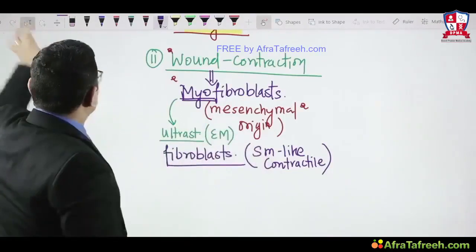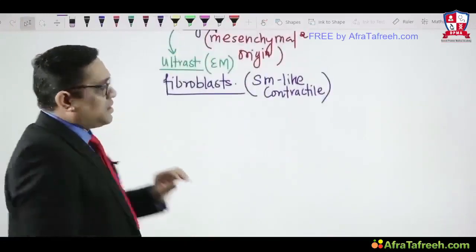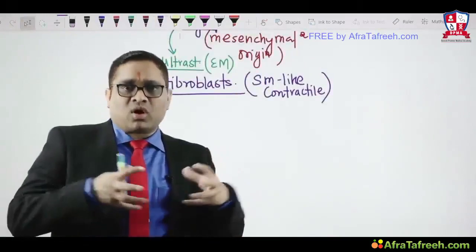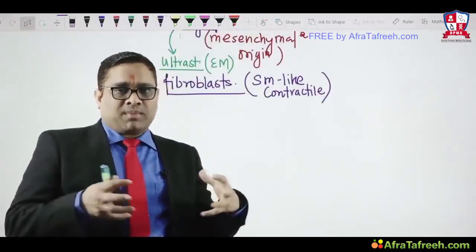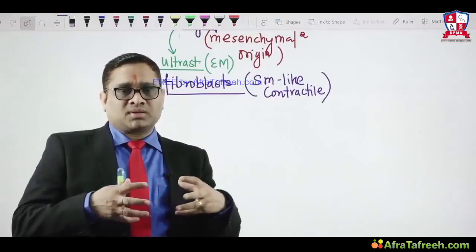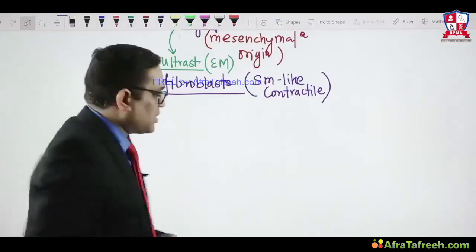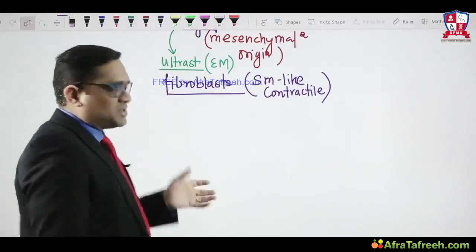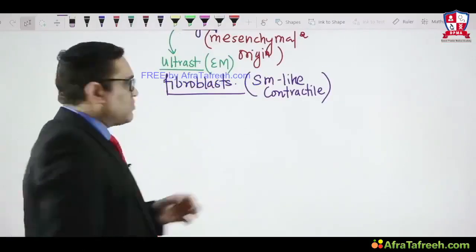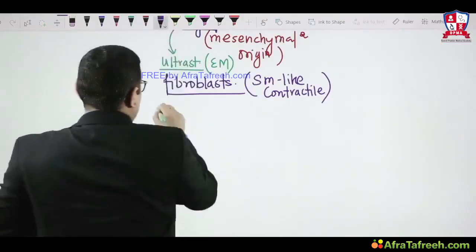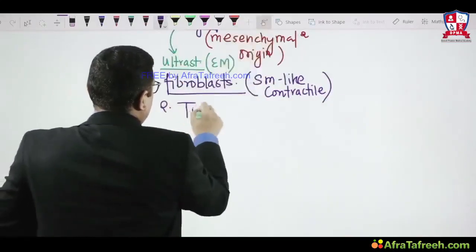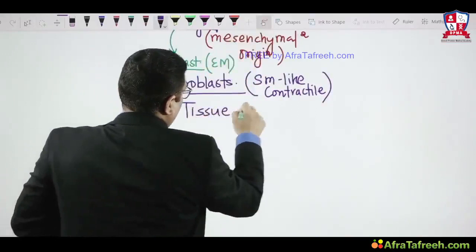What happens in wound healing when there is wound contraction going on? This is because of collagen change, or you can say tissue remodeling. Wound contraction is because of tissue remodeling.